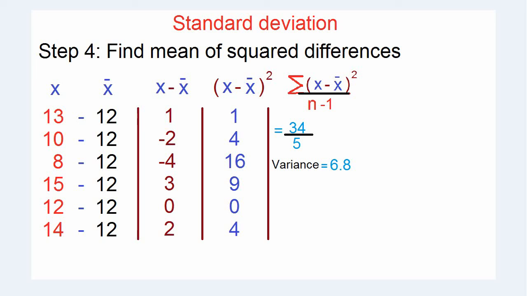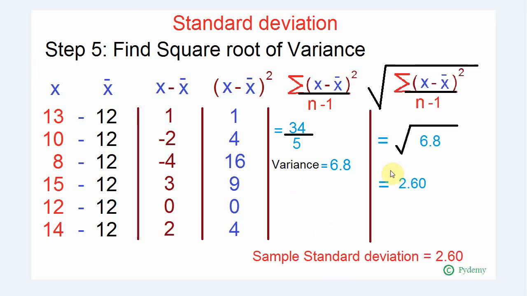Taking the square root of this variance gives us the sample standard deviation, which comes out to be 2.60. So we will use n for population standard deviation and n minus 1 for sample standard deviation. I hope the idea is clear now.